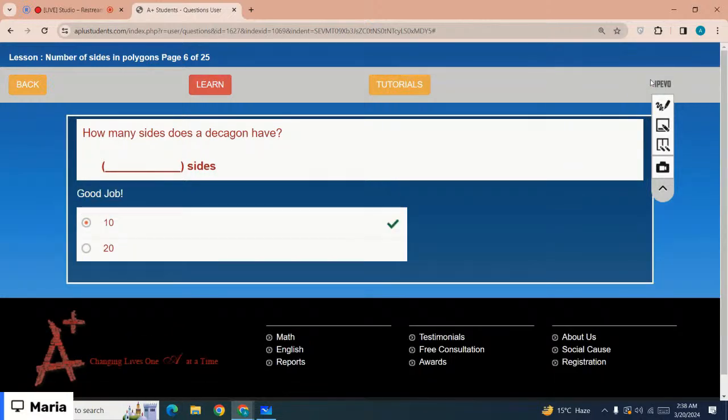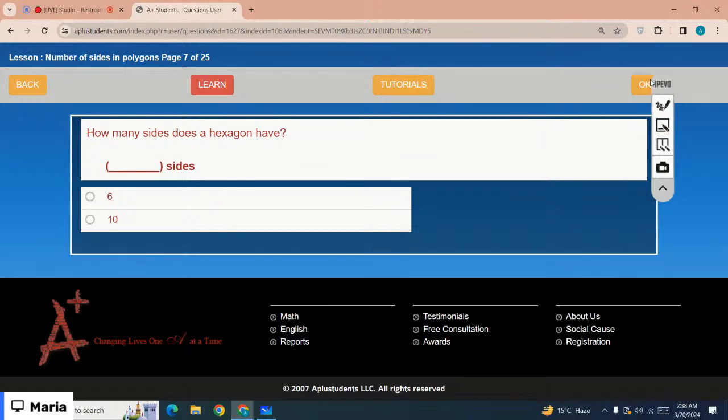How many sides does a hexagon have? The correct option is: hexa means 6 sides. The correct option is 6.